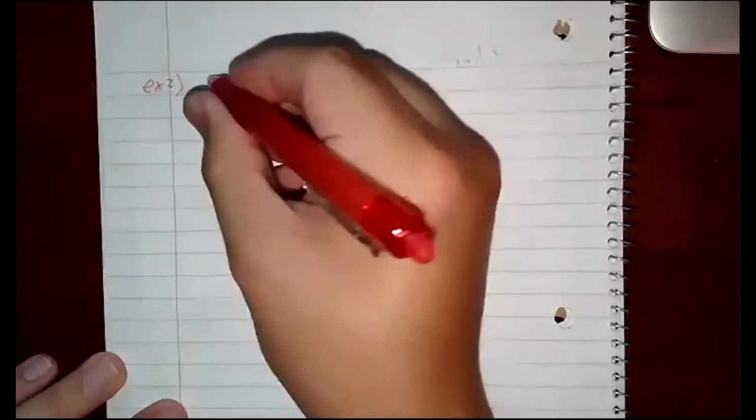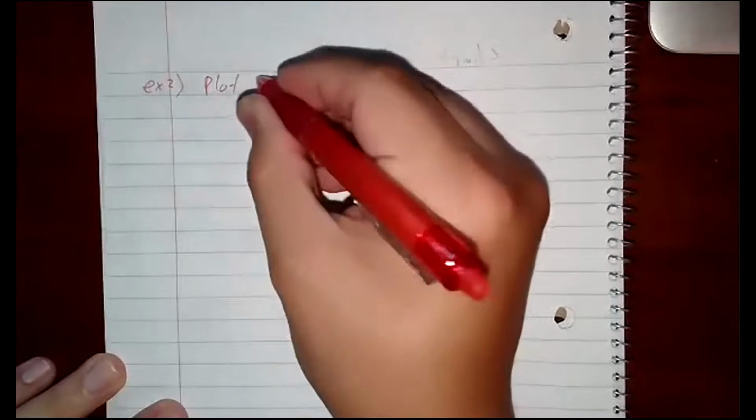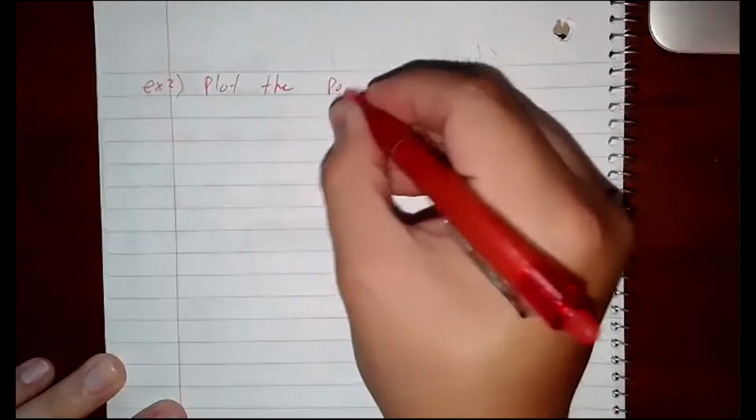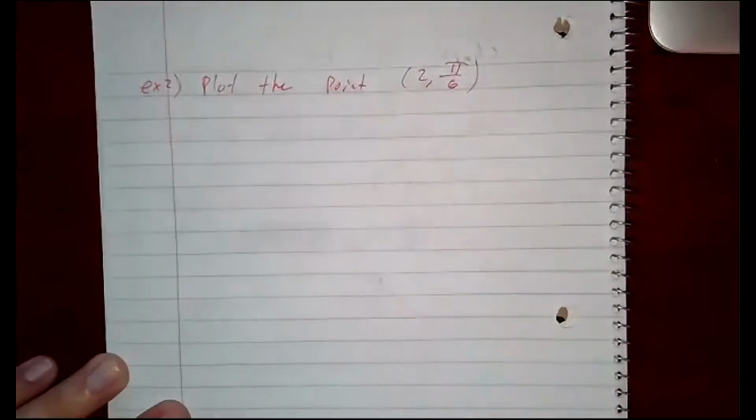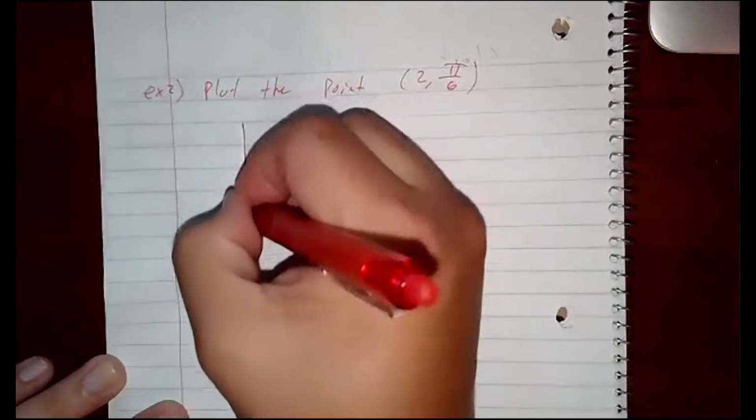Let's do another one. All right, number 2, plot the point 2 comma pi over 6. Right, so go to that location first.